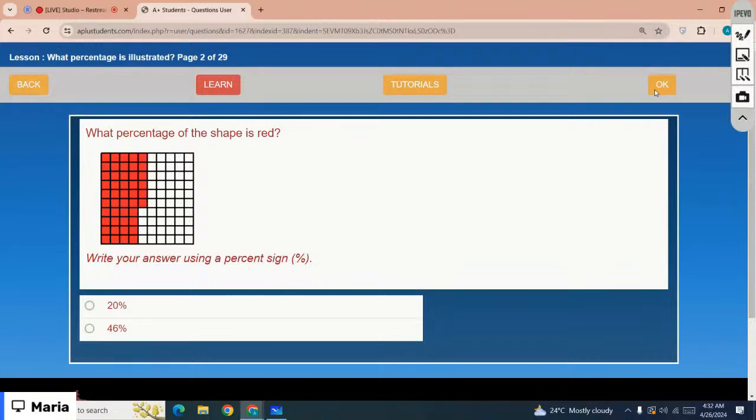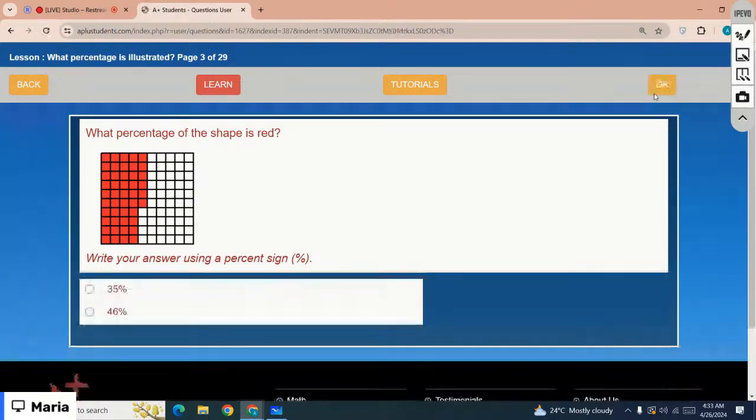What percentage of the shape is red? Which is the correct option? Yes, 46% it is. What percentage of the shape is red?